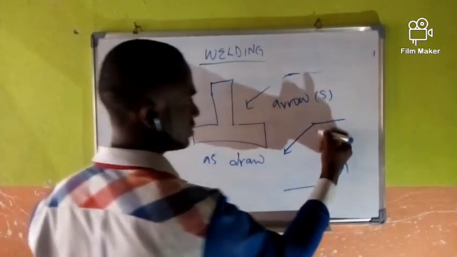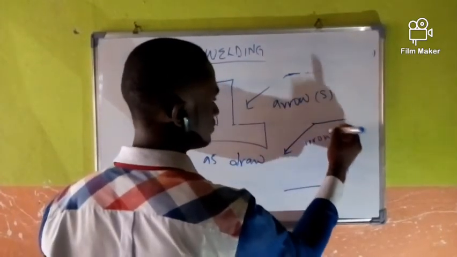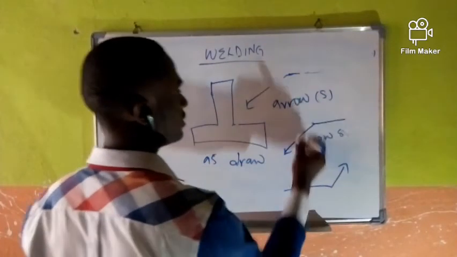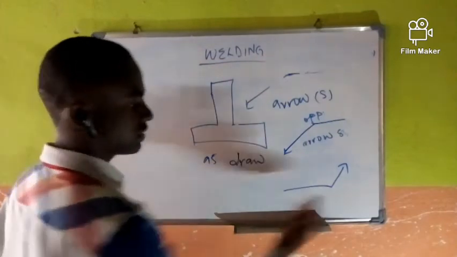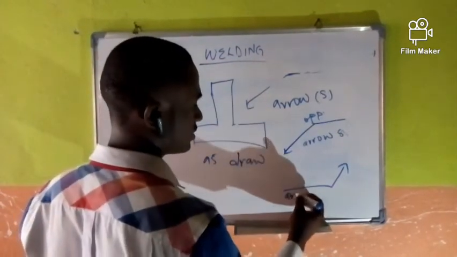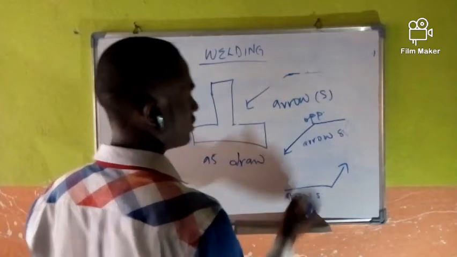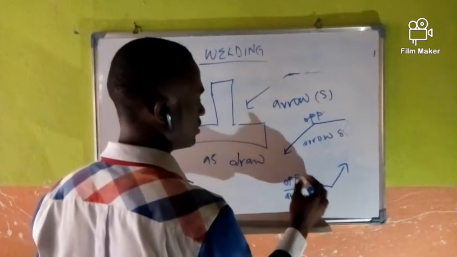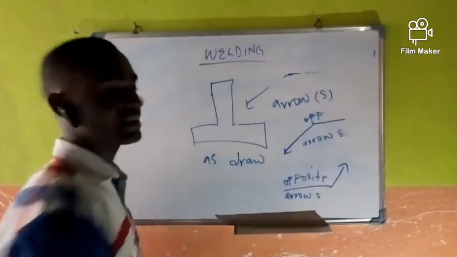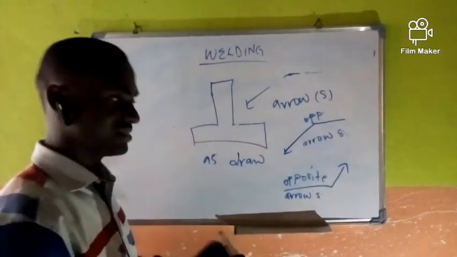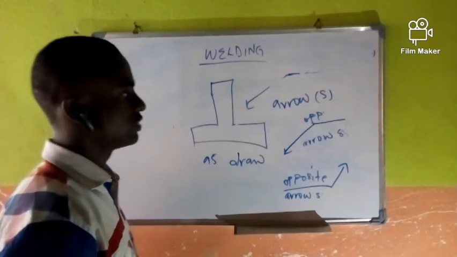Now this side is the arrow side, while this side is the opposite side. In this case, this side is still the arrow side, while this side is the opposite side. No matter how they twist, it's still the same. Okay, so that is it.